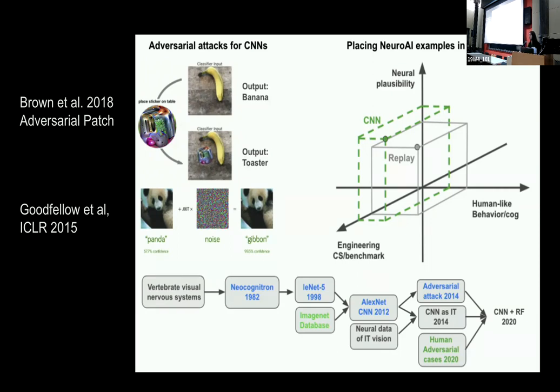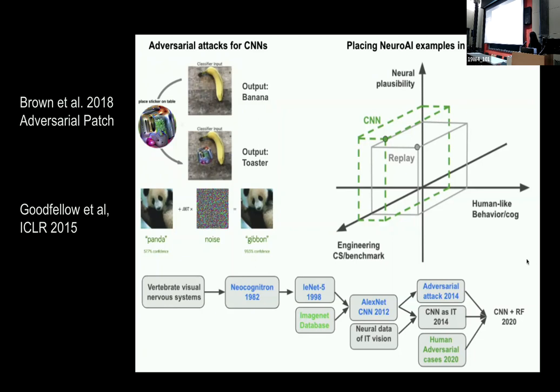So success along mapping neural representations to different layers of the convolutional neural network did not translate to showing behavior that's human-like. And if you look at its trajectory, historically, it was very much inspired by various kinds of cognitive science or neuroscience inspired work.